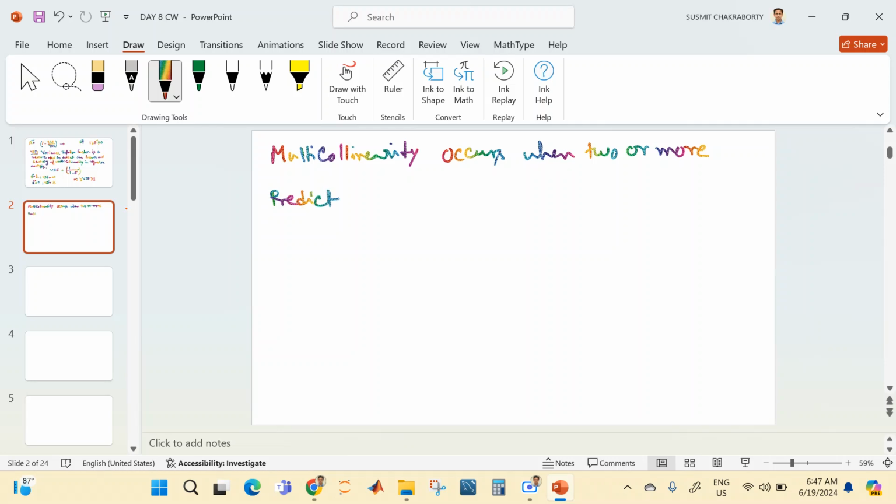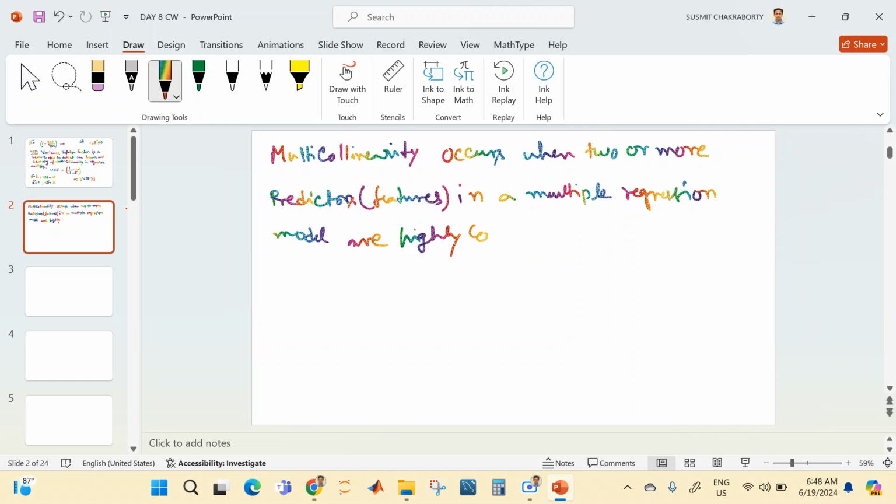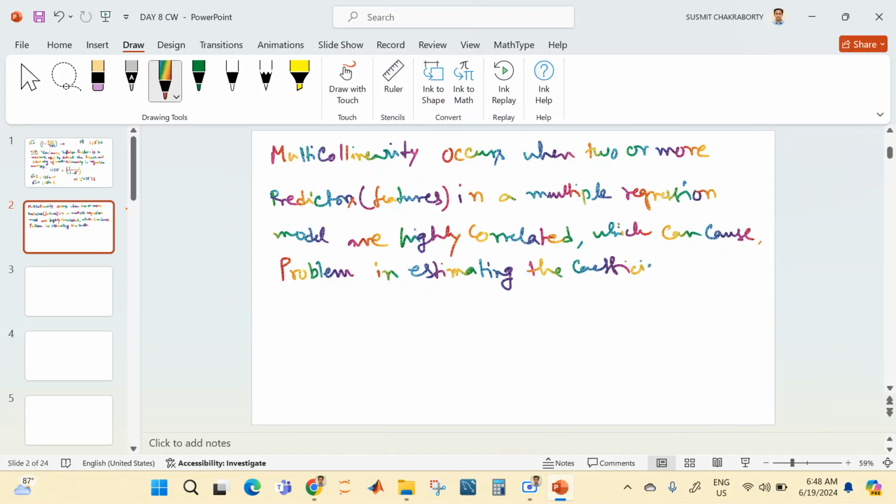What is a predictor? A predictor is basically a feature. So two or more predictors or features in a multiple linear regression model are highly correlated, which can cause problems in estimating the coefficients of the regression model.